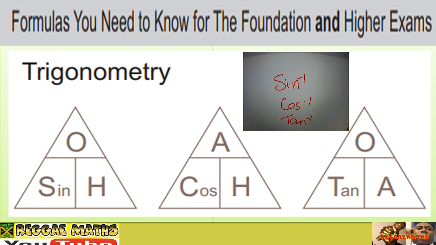Okay, so that is the trigonometry. You've got sine, cos, and tan, and this is when you're focusing on finding the angles or the sides. When you're trying to work out the angle, you're using the inverse function, guys.